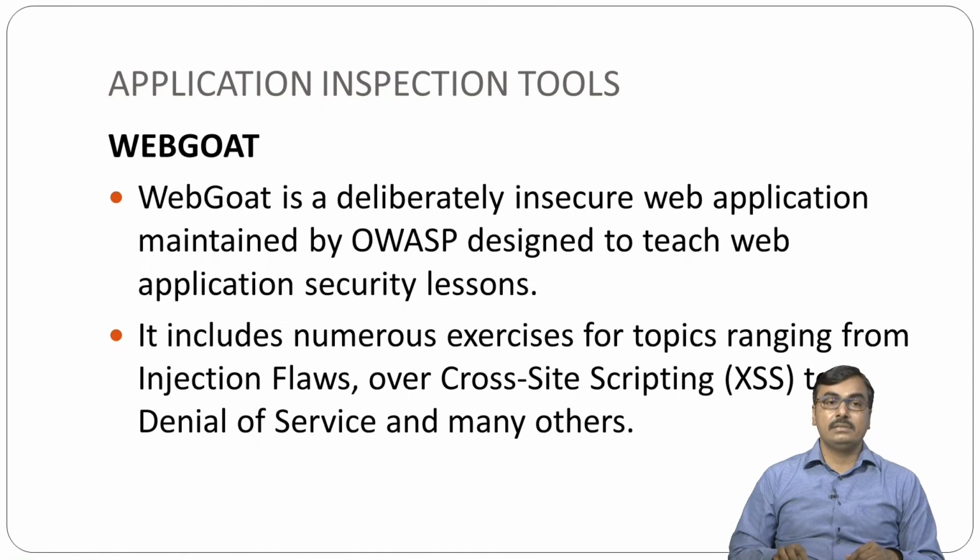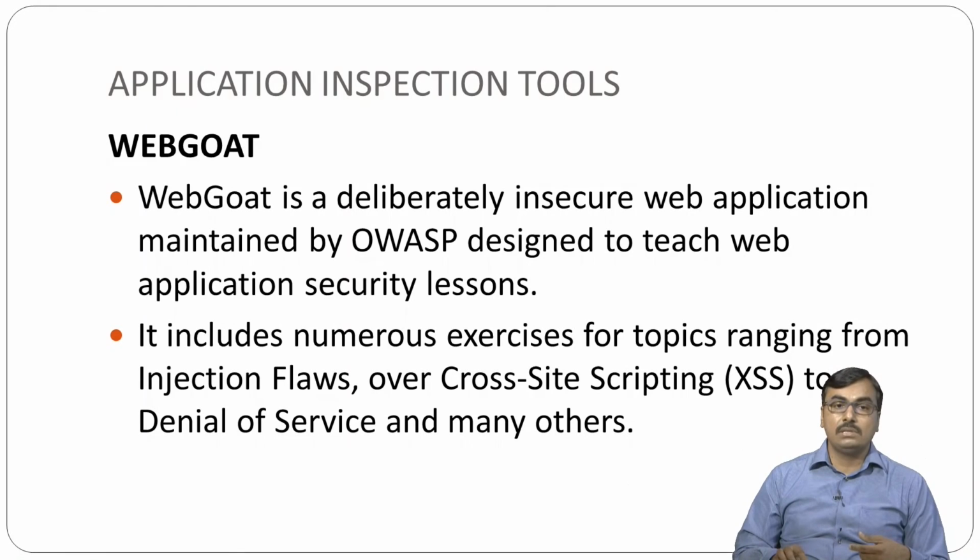It is the same as DVWA. Through WebGoat, you get an insecure web application managed by the OWASP project. It includes numerous exercises for topics ranging from injection flaws, to XSS, cross-site scripting attacks, to DOS, denial of service, and many more.